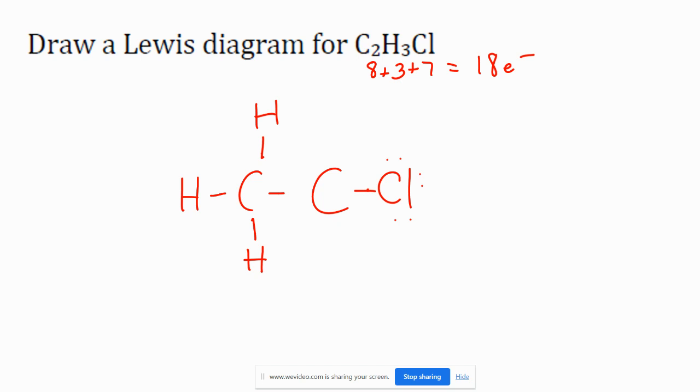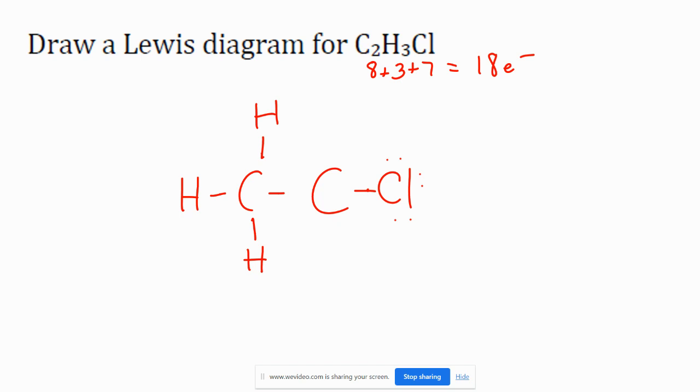I'm missing 2 here. I think 2, 4, 6, 8, 10, 12, 14, 16, 18. That doesn't work. What I've got down on my answer sheet doesn't work.